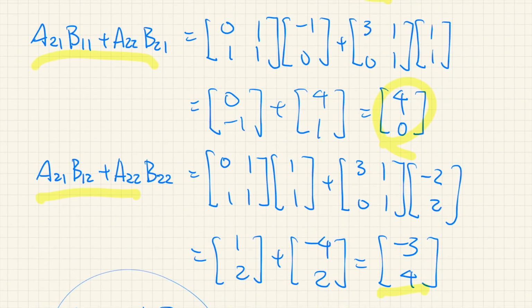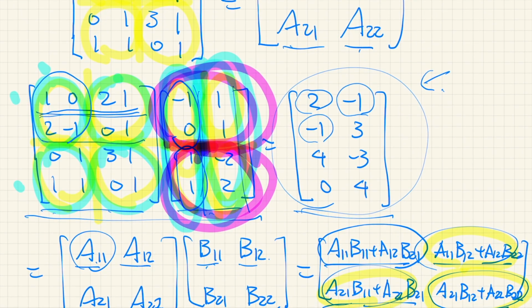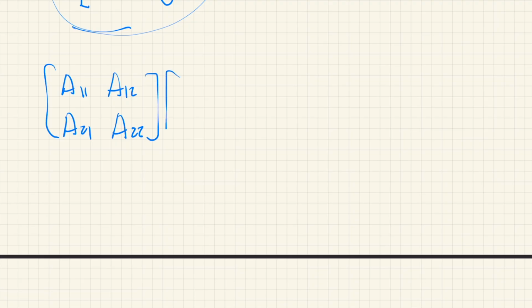So in that case, let's say this block is C11, and this block is C21. So in that case, we have A11, A12, A21, A22, and we have C11 and C21.